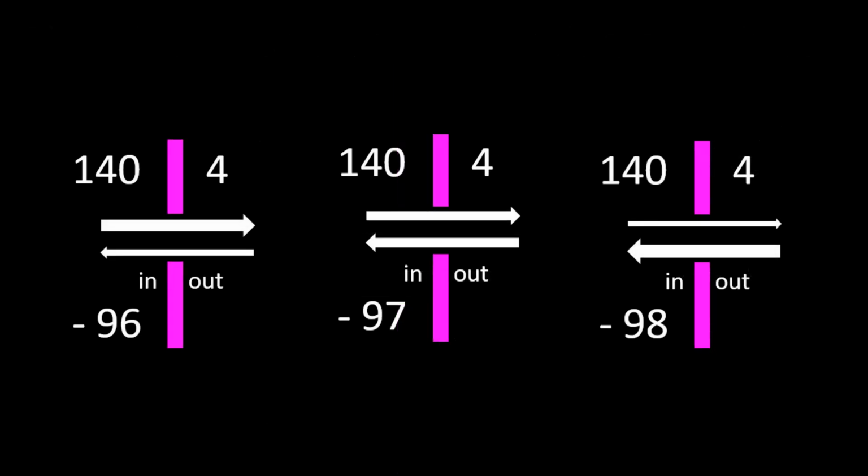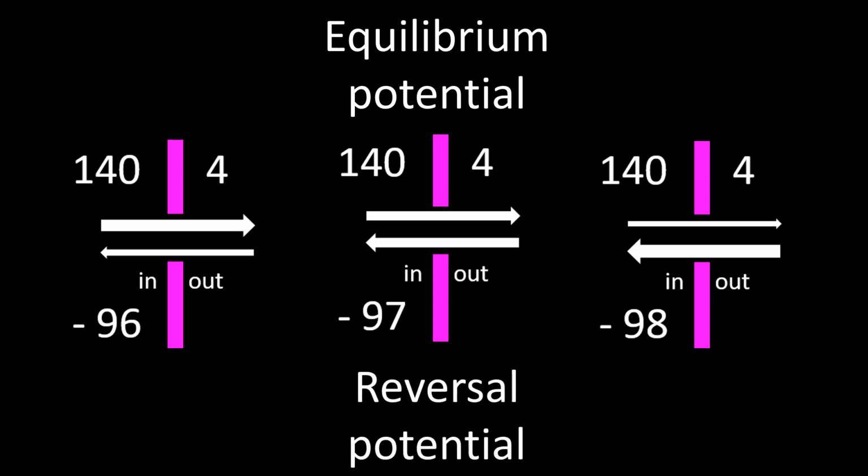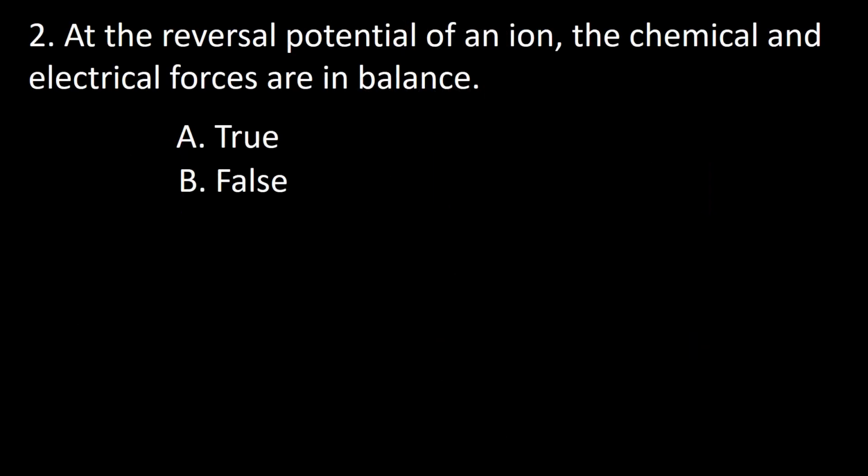It is because of this shift in direction of net flow that the equilibrium potential, in this case negative 97, is often referred to as the reversal potential. So the answer to this question is true.